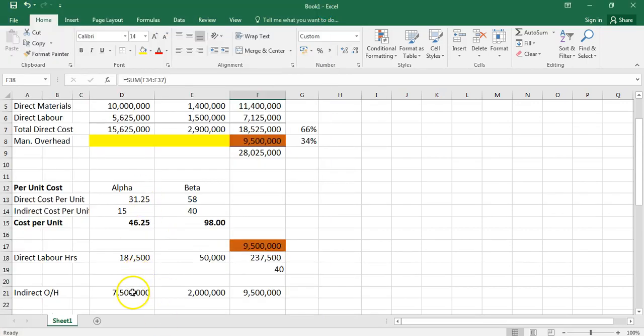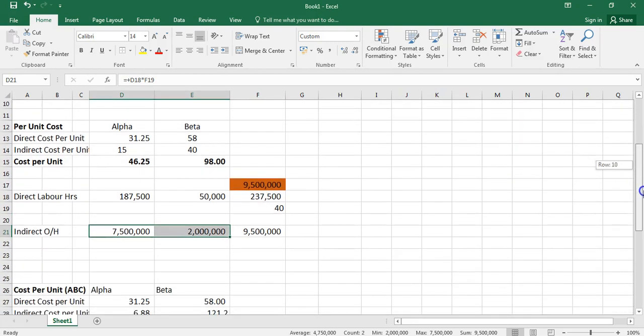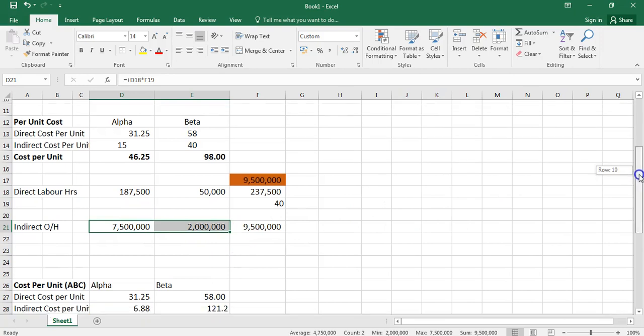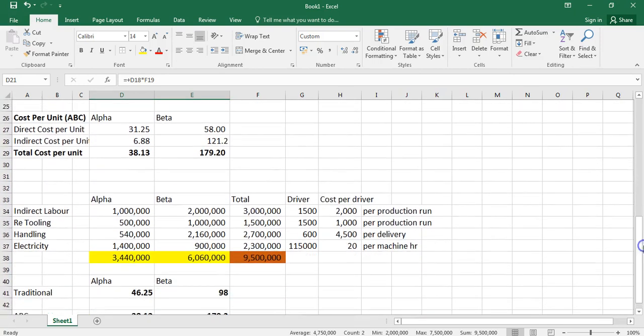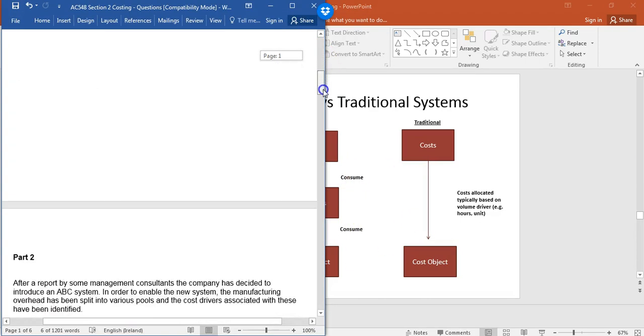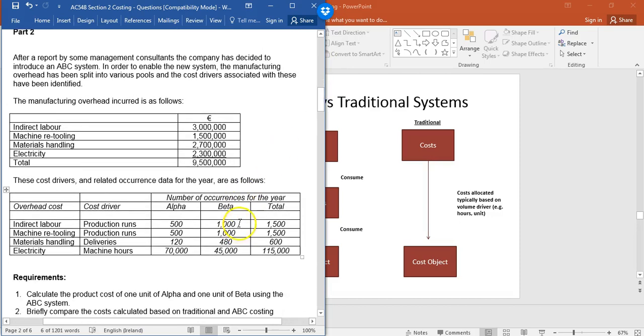So by using this traditional method, we weighted a lot of the overheads towards the high volume product, even though it may not necessarily consume the activities that generate the overheads. So we allocated 7.5 million to alpha and only 2 million to beta. Whereas when we go back to ABC and look at the activities, you could clearly see from the question that beta was consuming a lot more activities that were driving costs.